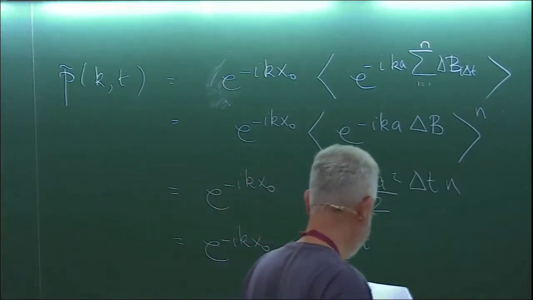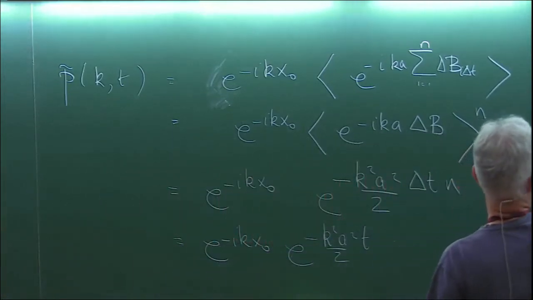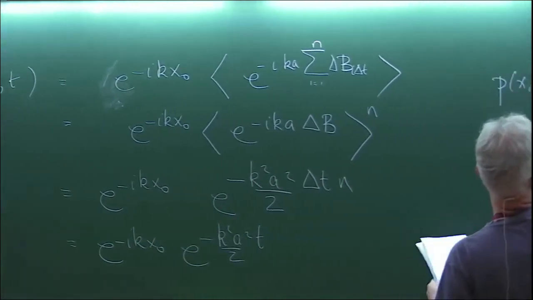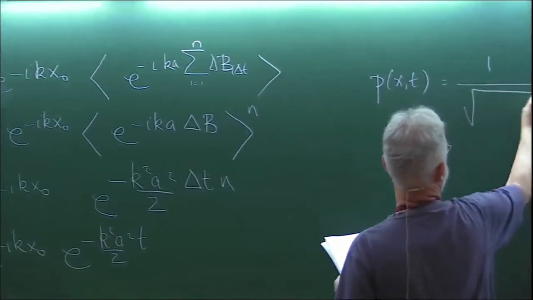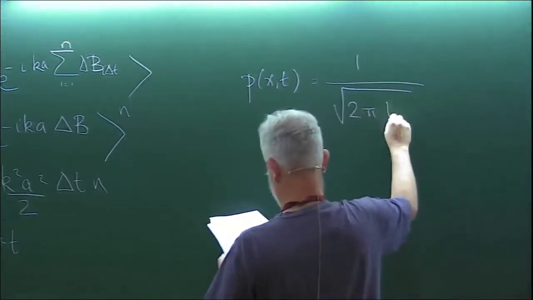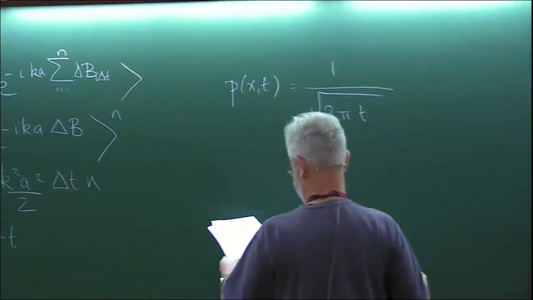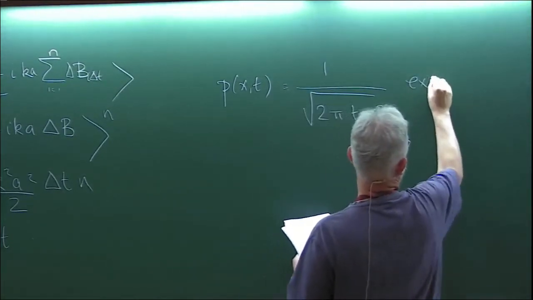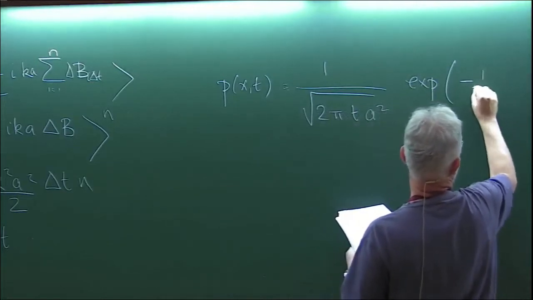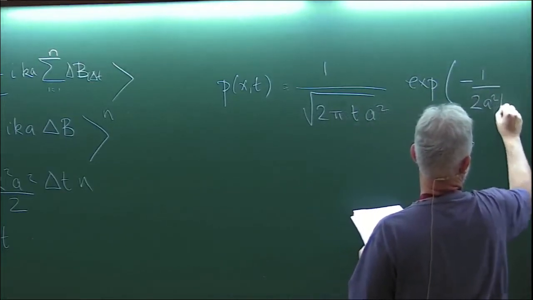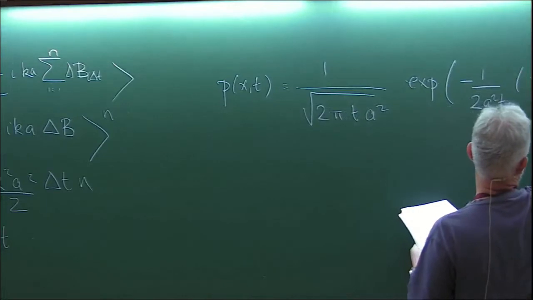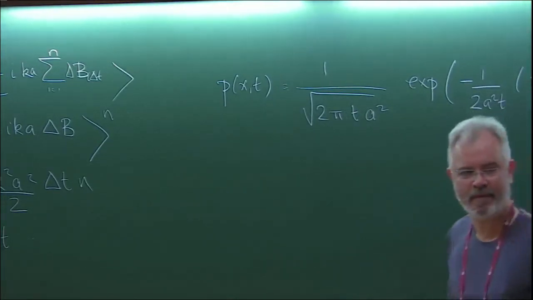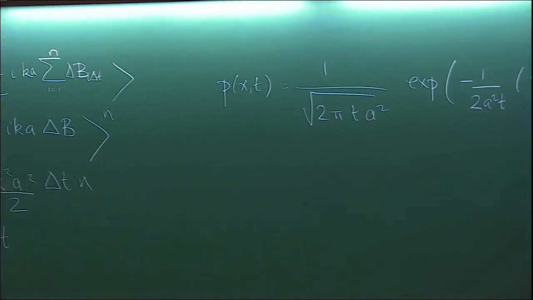Now that looks like something you've probably seen before. If I invert the Fourier transform, there's an a squared here. It's a Gaussian, right? So it's the solution of the diffusion equation.